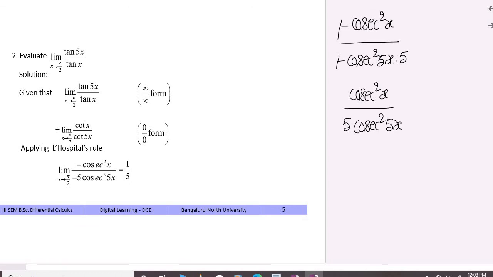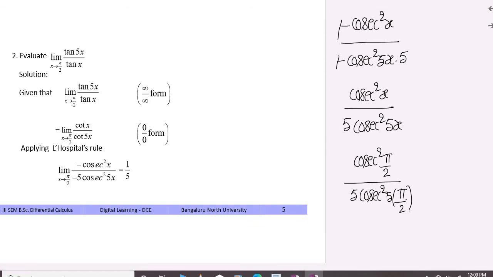Now substitute x equal to pi by 2. Then cosecant square pi by 2 divided by 5 times cosecant square 5 into pi by 2. But we know that cosecant pi by 2 is 1 and also cosecant 5 pi by 2 is 1. That means we are going to get 1 by 5 into 1, that means 1 by 5. This is the value of given limit.